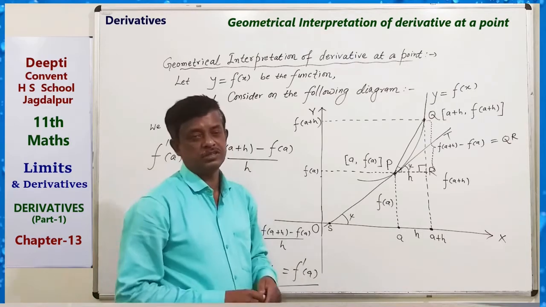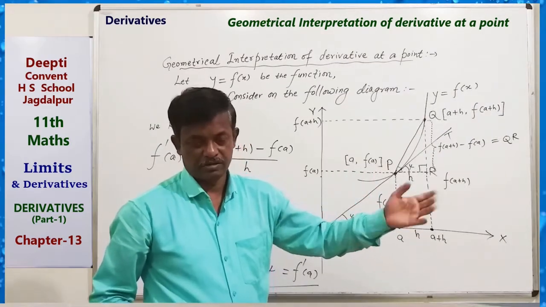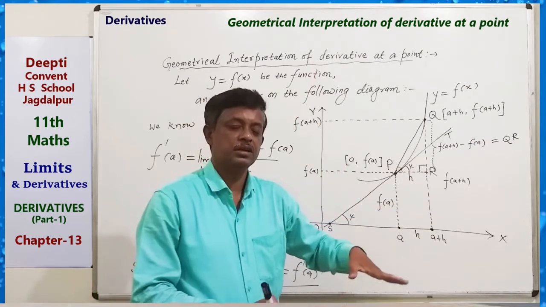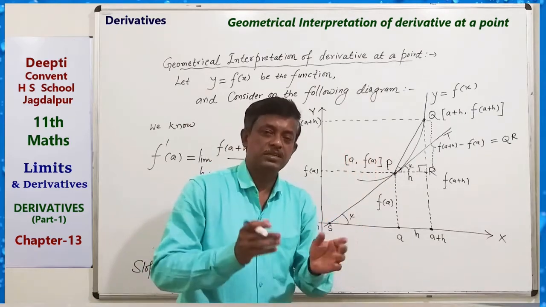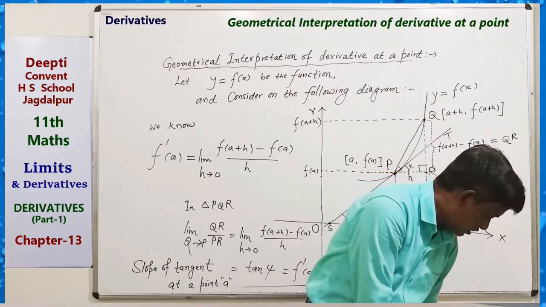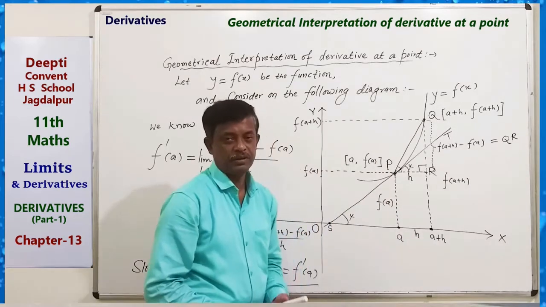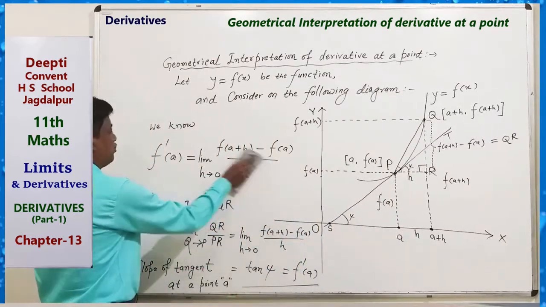So the derivative at a particular point shows the slope of the tangent to the curve at that point. Okay, so this is our geometrical meaning of the derivative of a function at a point.